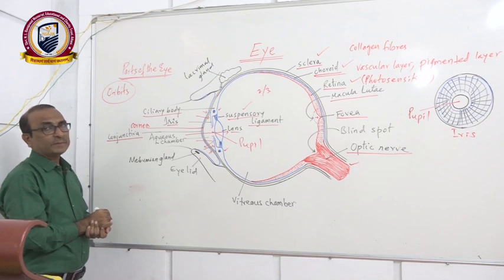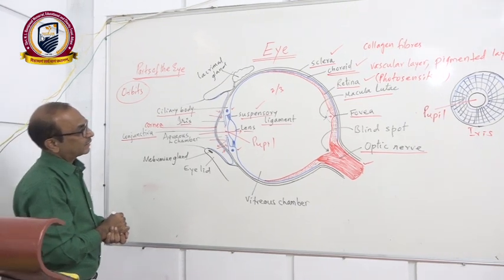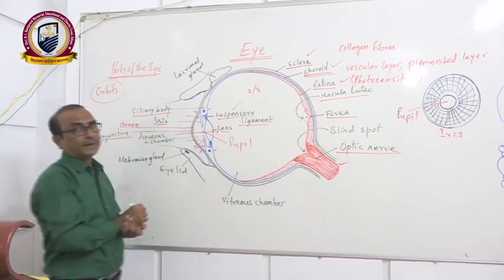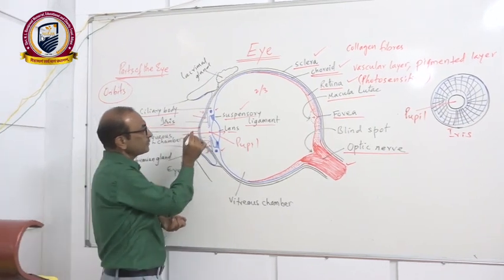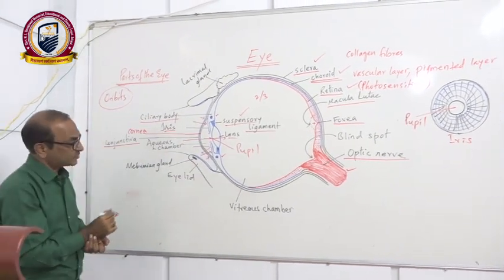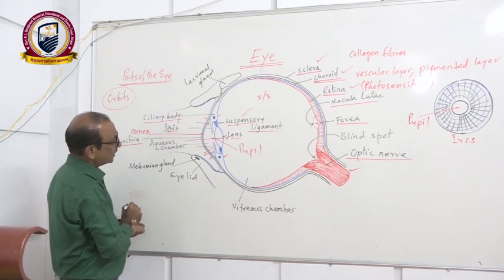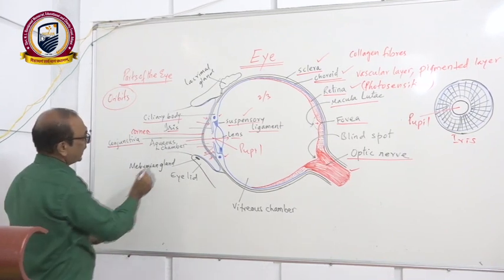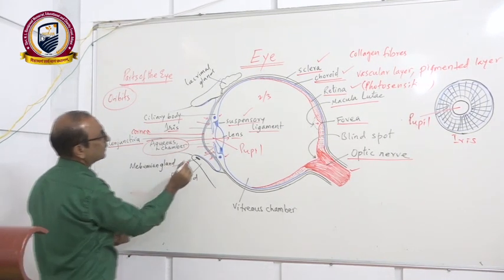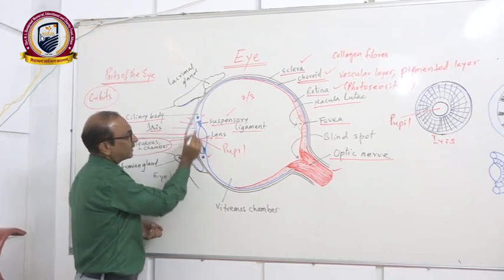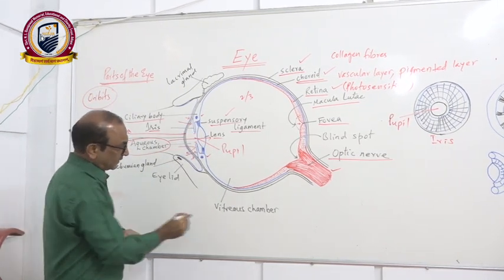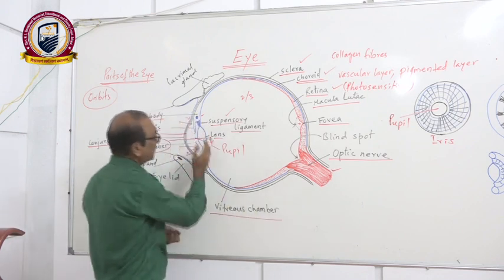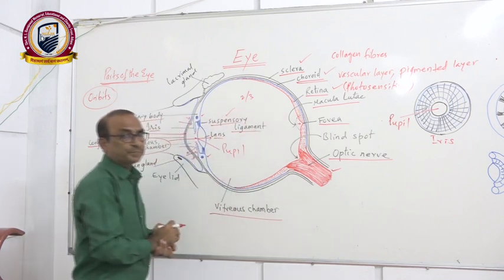That's a protective covering in the front exposed part of the eyeball. Okay. Now we are talking about the chambers of the eye. There are two chambers. One is the aqueous chamber in between the cornea and the lens, and another is vitreous chamber, that is between the lens and the retina.